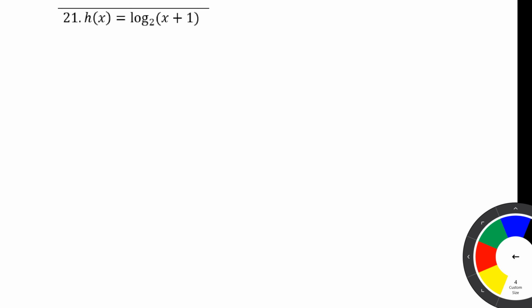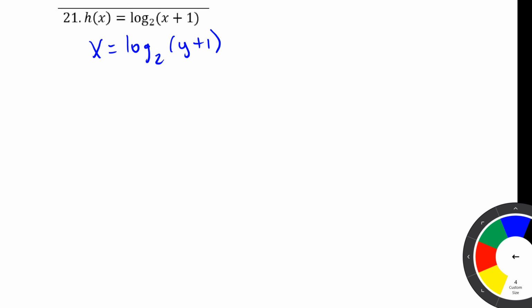So for numbers 21 and 22, they ask you to take the logarithmic equation and rewrite it as an exponent, or find its inverse. So if I take x equals log base 2 of y plus 1, now I have the inverse's equation, and these are a little bit easier actually because they can be changed right away.